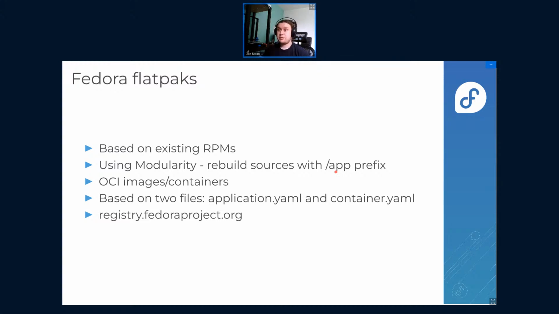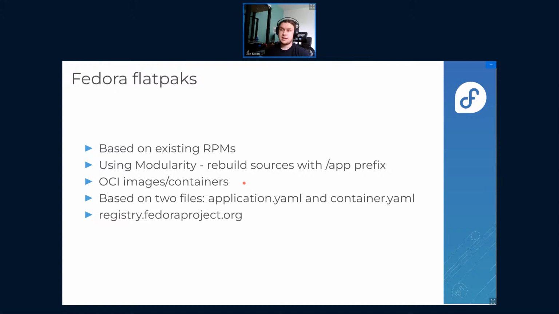And why we use modularity is because we need to break the package space and be able to have a different version of that package built with this prefix. And once we have the module, we create an OCI container.